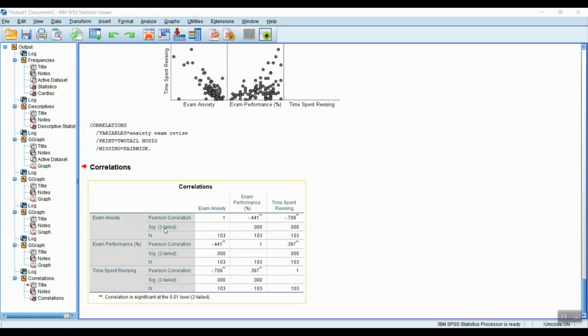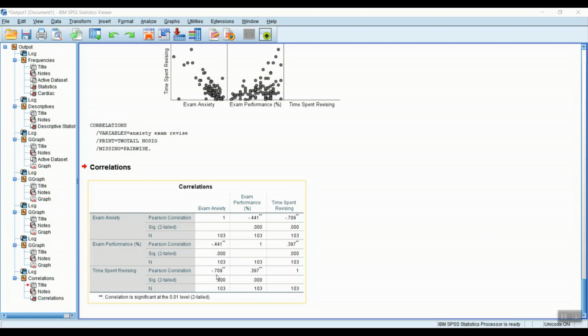So we've already looked at the association between exam anxiety and exam performance. What about the relationship between time spent revising and exam anxiety? We can see that here the correlation is quite high, negative 0.709. So if we square that, we get a value of 50%.